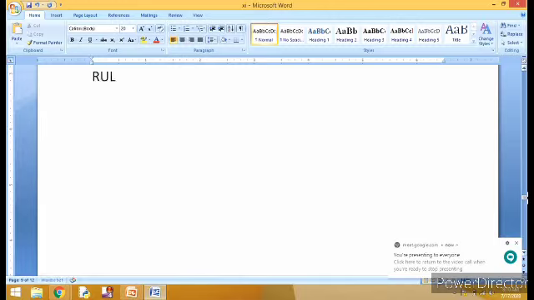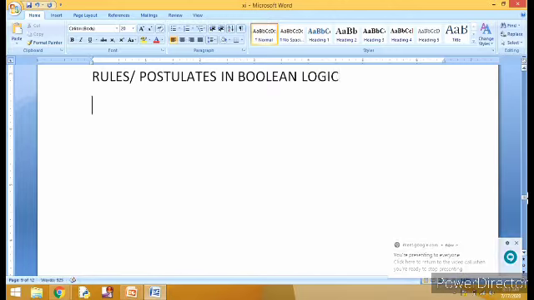Now there are certain rules, which we also call postulates, in basic Boolean logic. We have various postulates in Boolean logic.